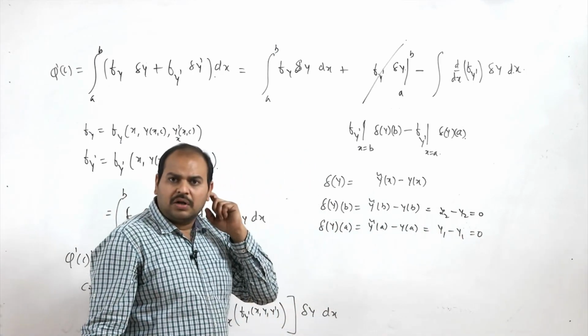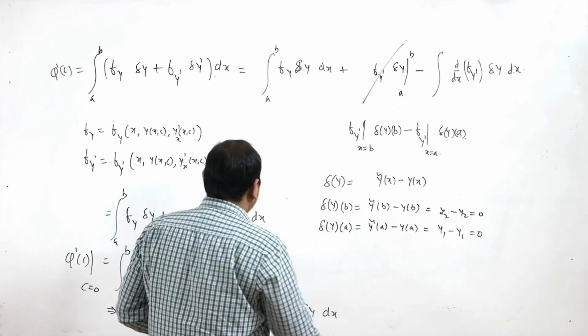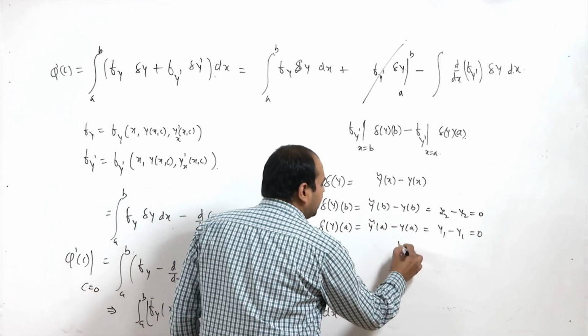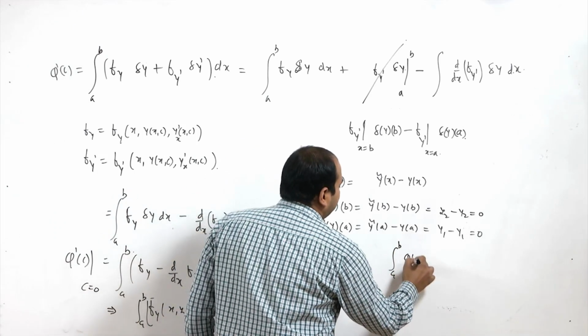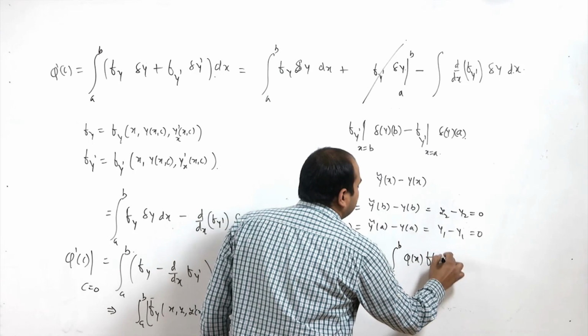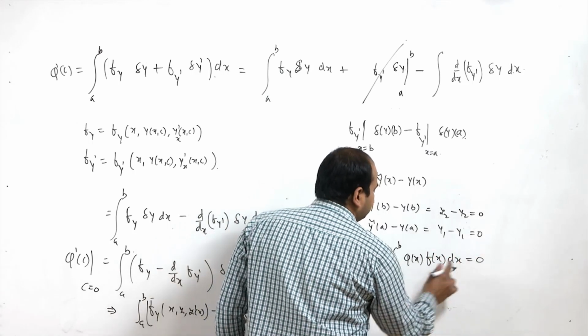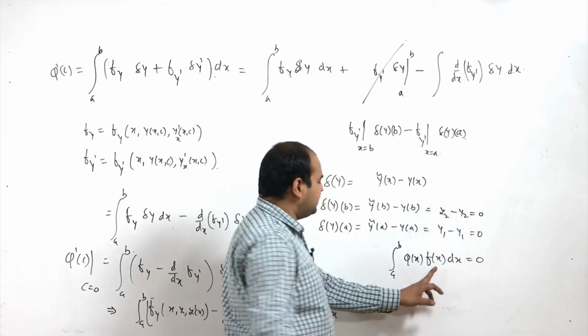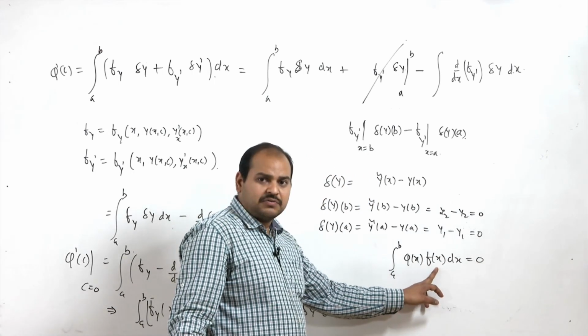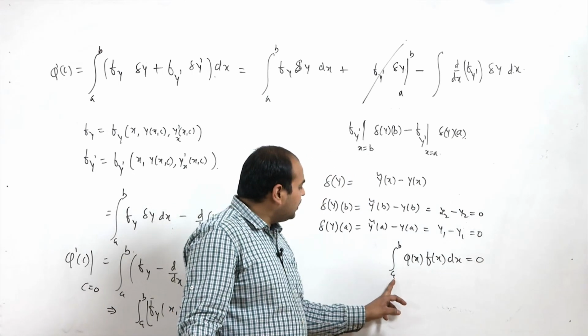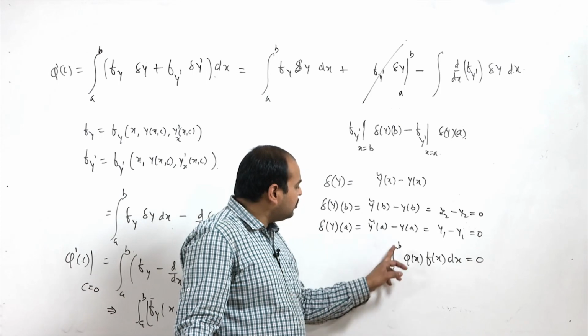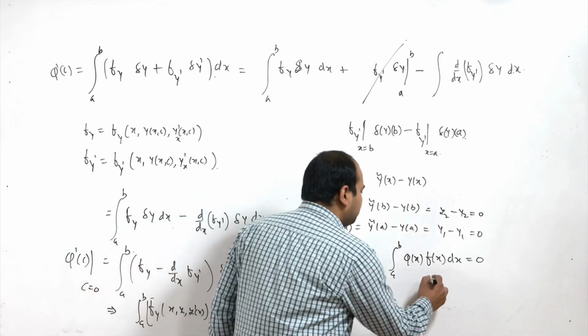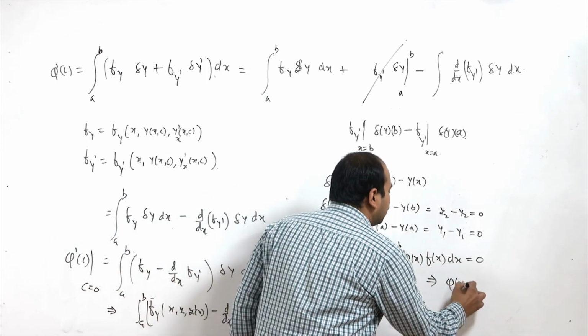If you recall the lemma, the lemma is this: the integral from a to b of phi of x times f of x dx equal to 0. If f of x is an arbitrary continuous function satisfying the condition that f of a equal to 0 and f of b equal to 0, then this implies that phi of x has to be 0.